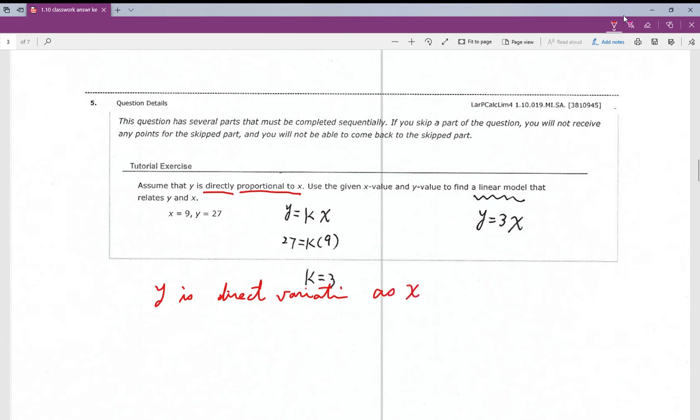And direct variation means they are directly proportional to x. So this is the model, with times. When we talk about direct variation, we use times.